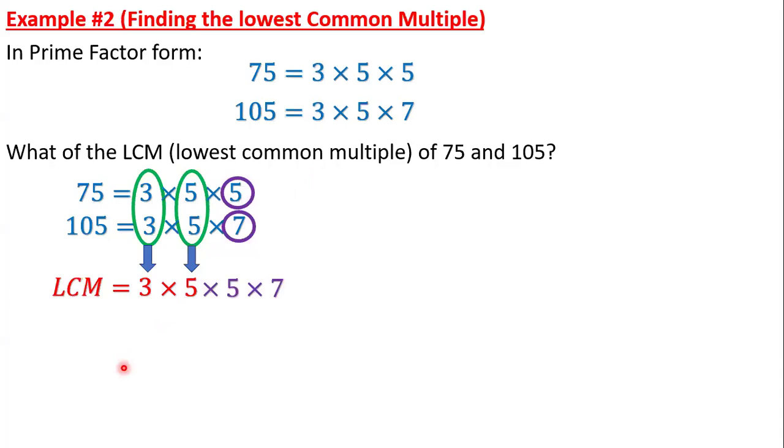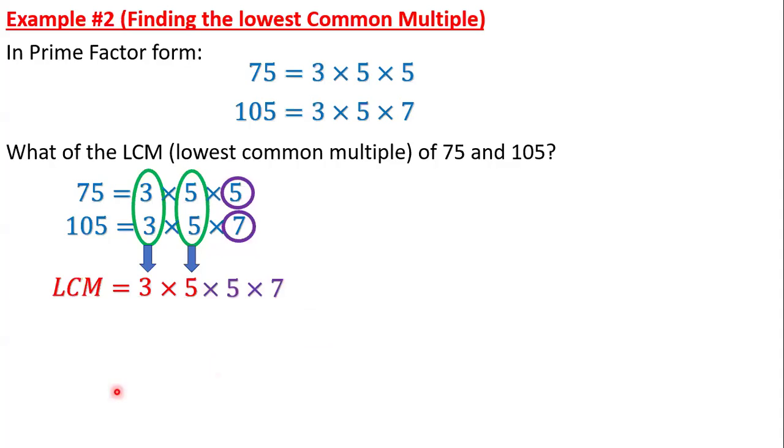Someone got 700, someone got 315. It's 525. I already corrected that a long time ago. I'm multiplying so I can get my answer. It's 525.